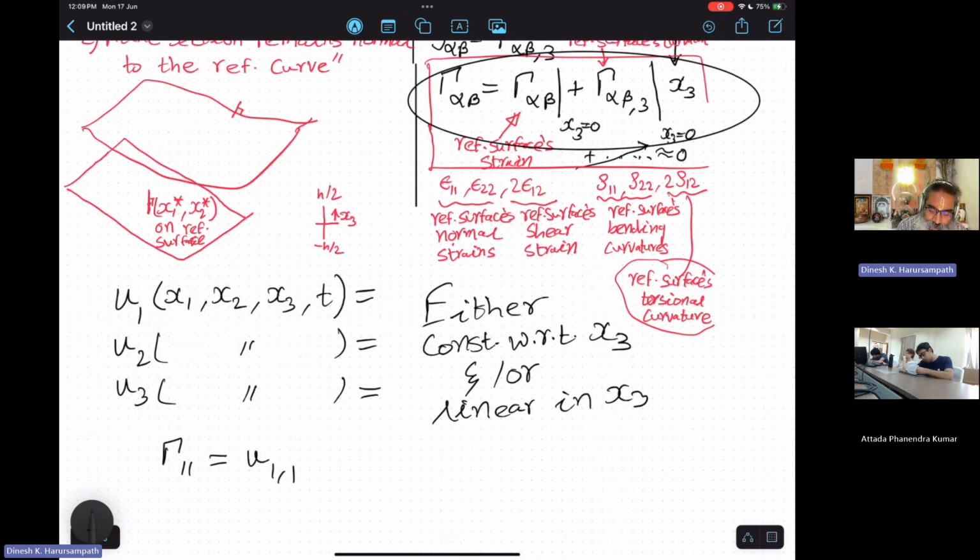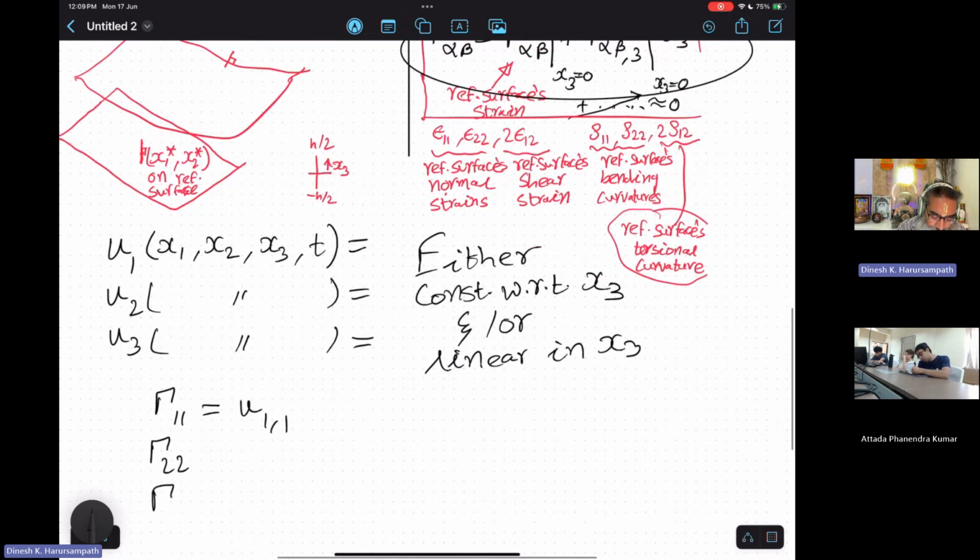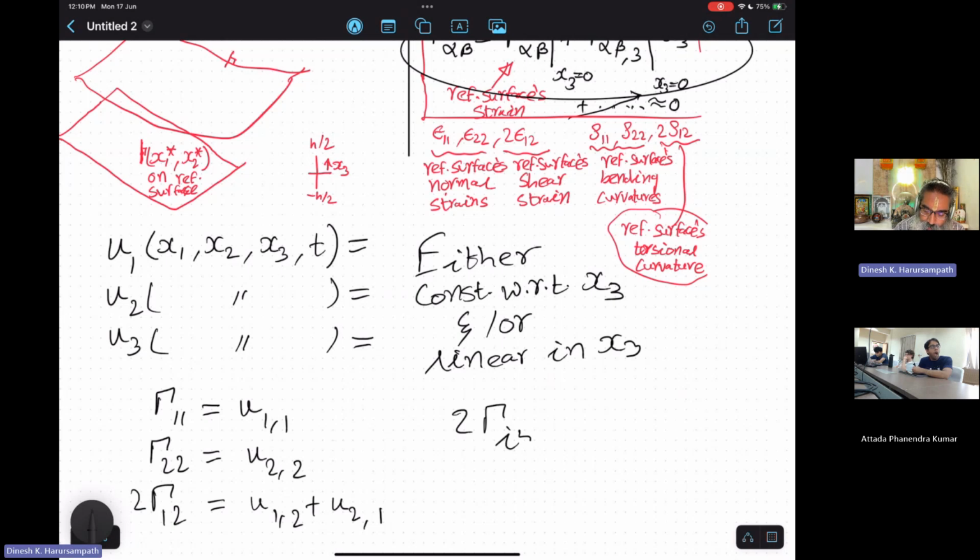So if you have made an assumption about u1, it will translate to an assumption about gamma 1 1. Same thing is the case with the other two mid-surface or reference surface strains, which are u2 comma 2, and u1 comma 2 plus u2 comma 1. And of course, there are the other three, which are the transverse strains.